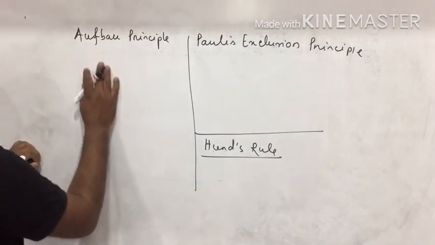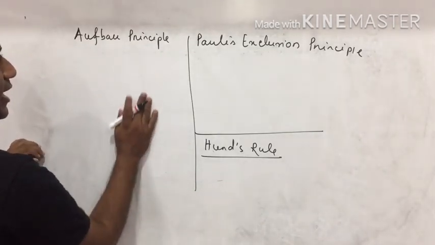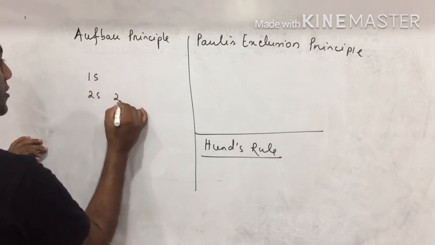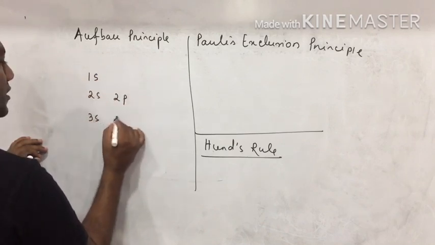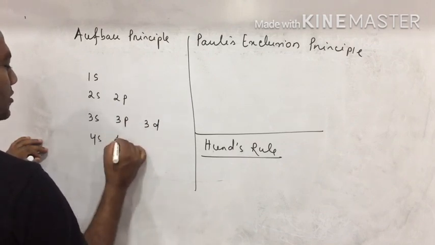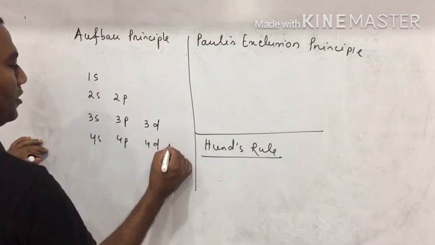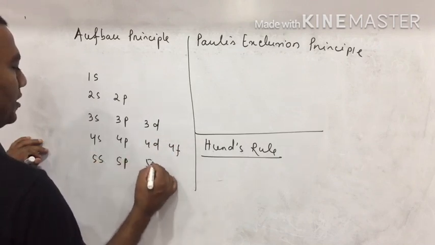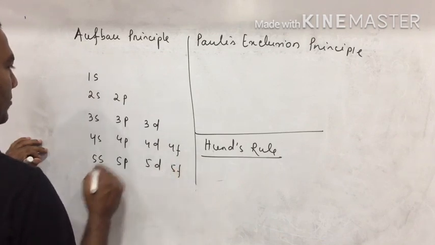Already I said in the azimuthal quantum number, you see 1s, 2s, 2p, 3s, 3p, 3d, 4s, 4p, 4d, 4f, 5s, 5p, 5d, 5f, like this.